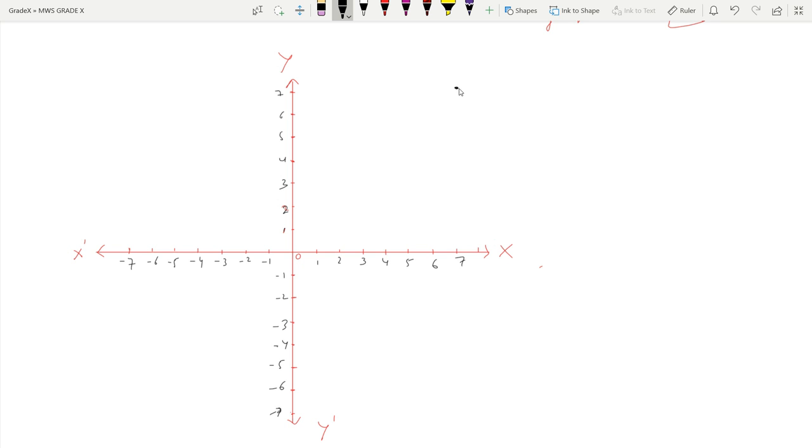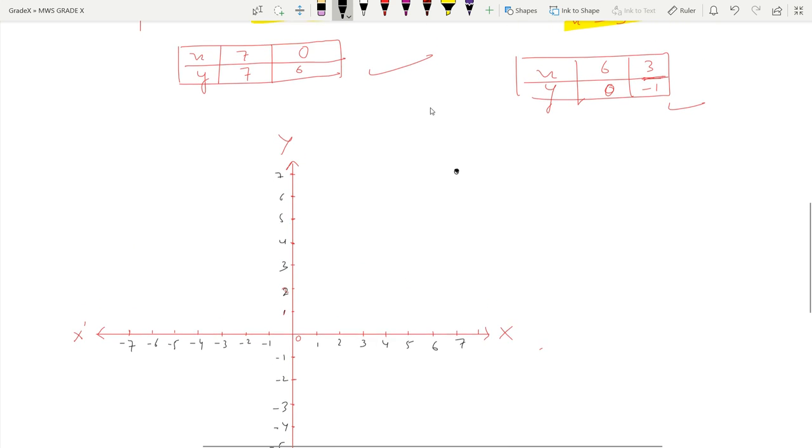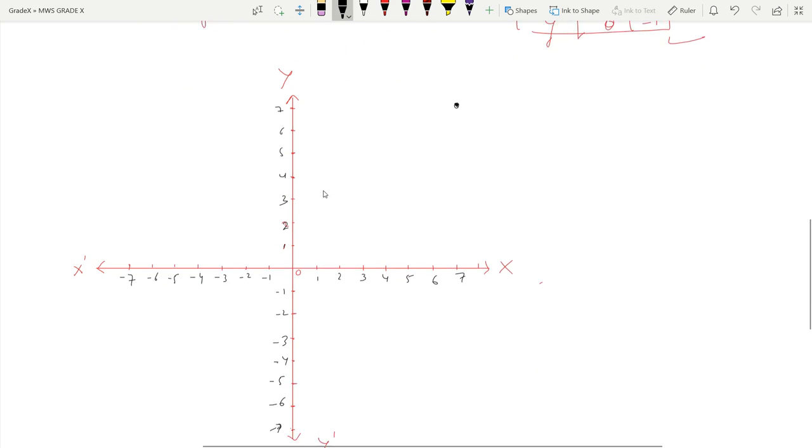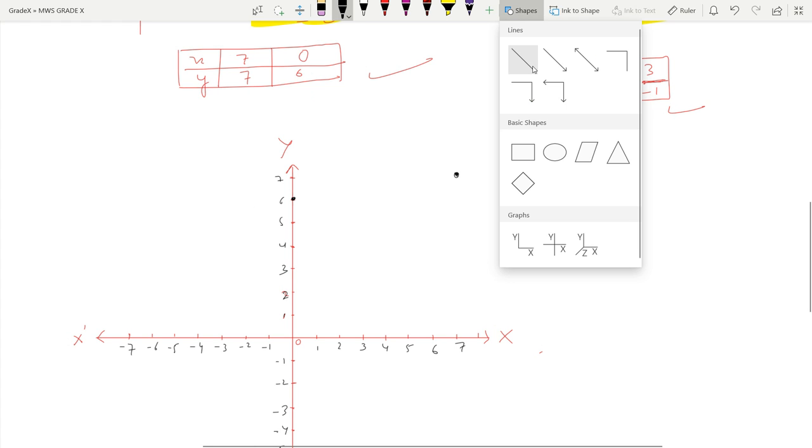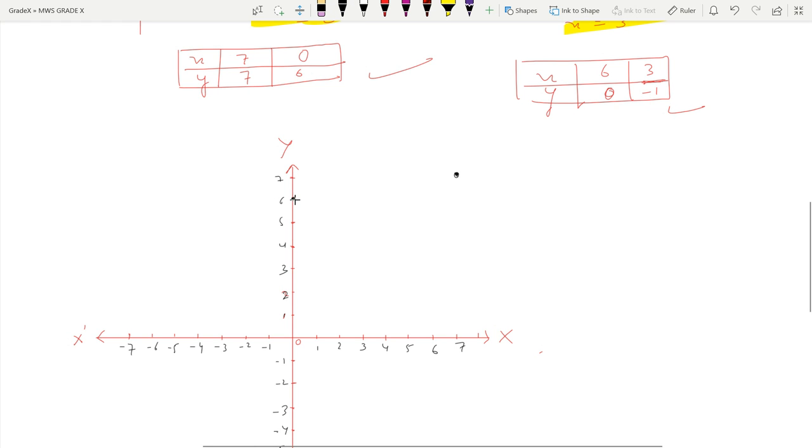So this is (7, 7) which we have represented. After this, (0, 6), x = 0 and y = 6, that is this point. So we will join the points (7, 7) and (0, 6), and moreover extend the line from here also.